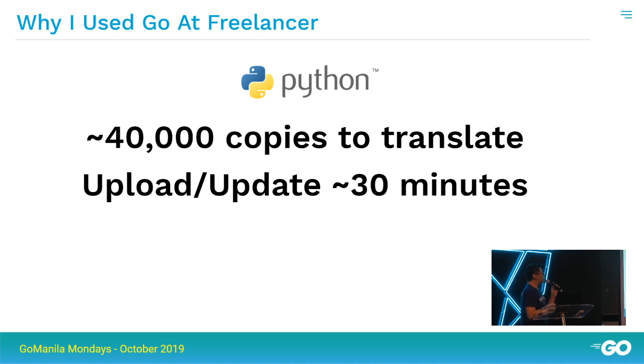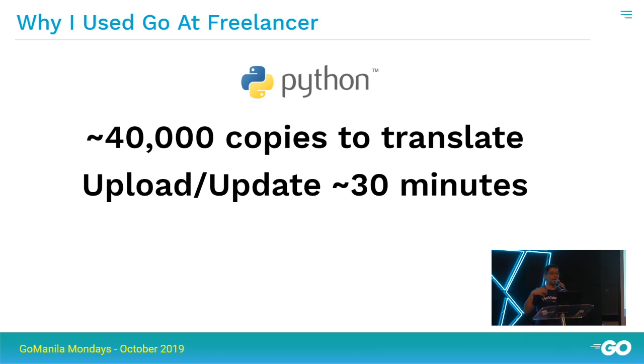We had to do something because 30 minutes in CI was sort of cost prohibitive. Initially, what we did was we deferred the process and we didn't wait until the translation upload finished so we could continue the CI. But it was still cost prohibitive to have a process that took 30 minutes during every cycle. The original process was written in Python, which was great.